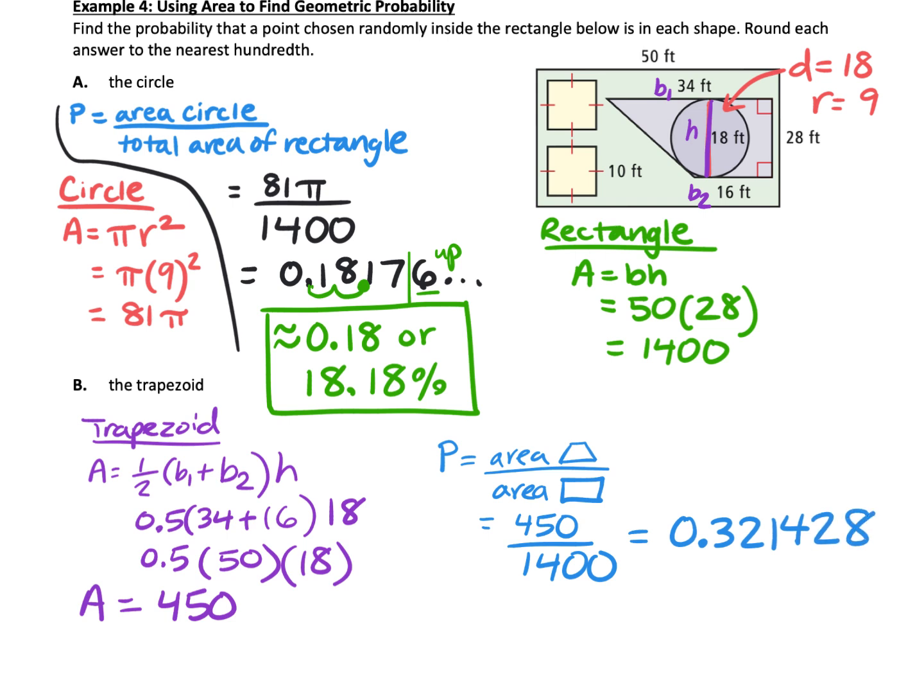As a decimal, we could say that's approximately 0.32. And as a percentage, if I round to the hundredths place, that would be 32.14%.